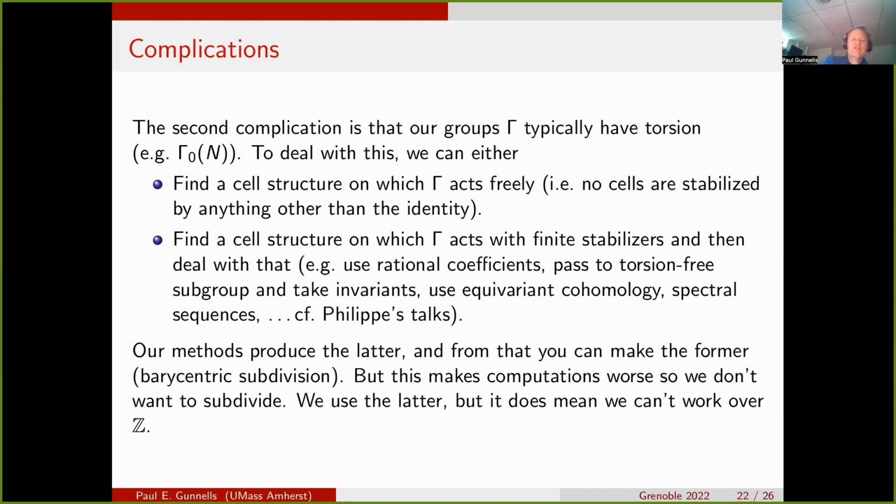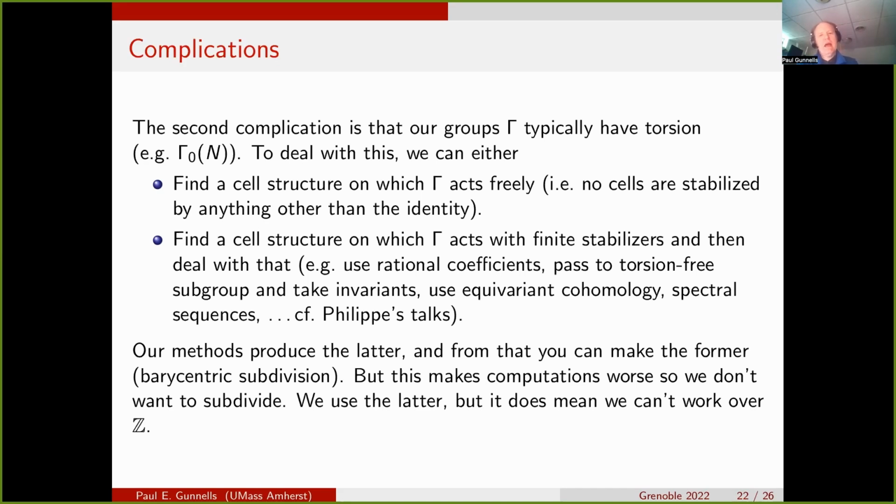But when you do barycentric subdivision, you add a lot of cells. And so that tends to make computations much more difficult if you're trying to do them explicitly. I mean, it can mean the difference between a computation that you can do on a reasonable computer and a computation that you can't do on any computer. So we tend to prefer the latter approach, okay?